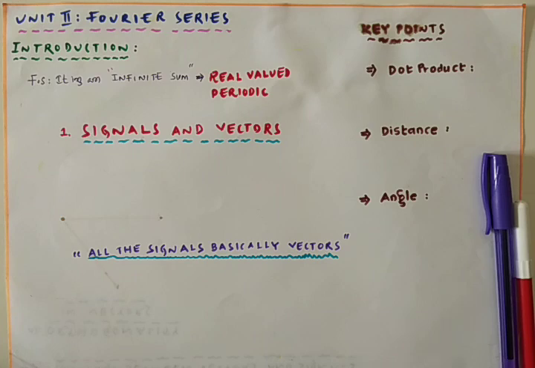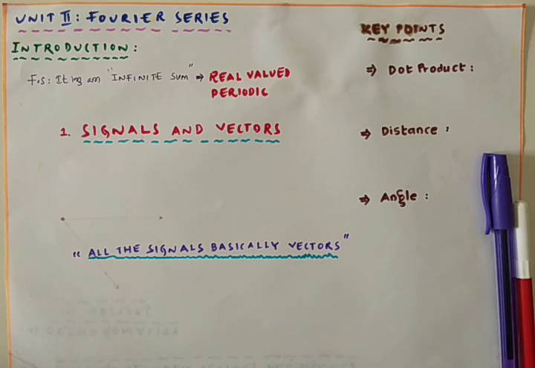So we are going to use this Fourier series to write the expression for a signal, and that signal may be a real valued or periodic signal. It is also used to solve differential equations when the system output is described with differential equations. This is the need and necessity of the Fourier series.